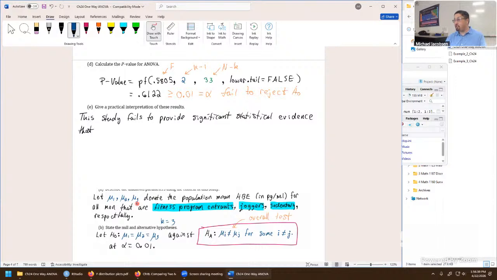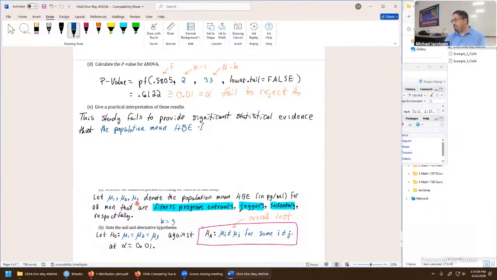So return back to this definition, and we'll say we failed to find significant statistical evidence that the mean, or let's put it in the same wordage, the population mean HBE, I'll drop the unit and just go to the next statement since we don't have a confidence interval.